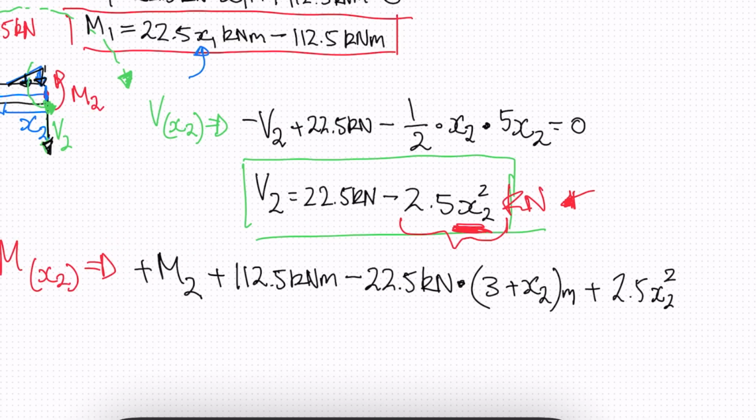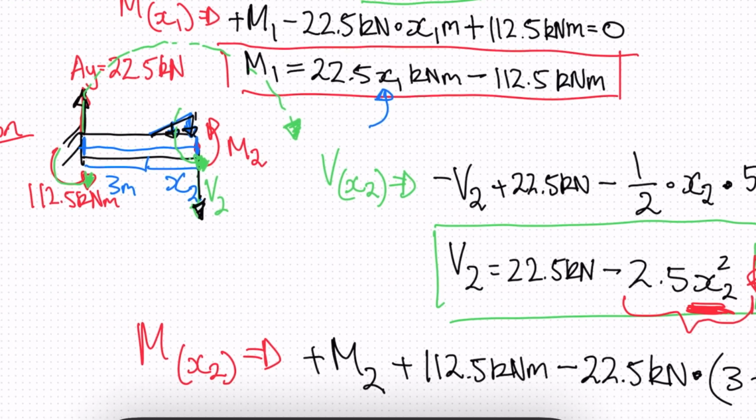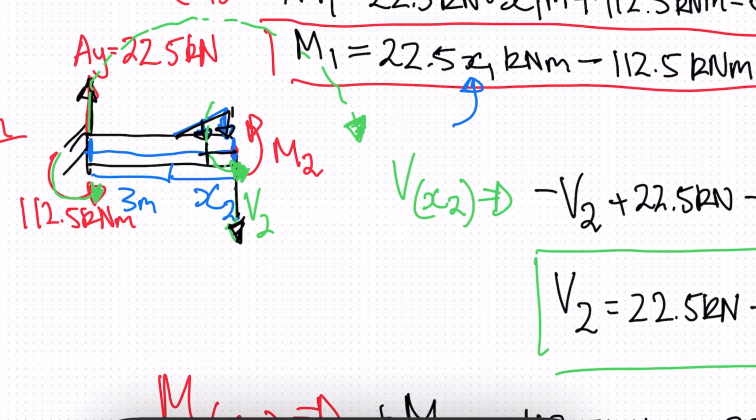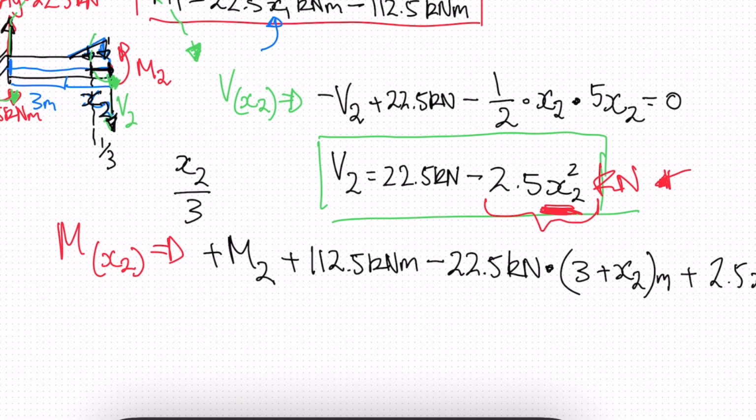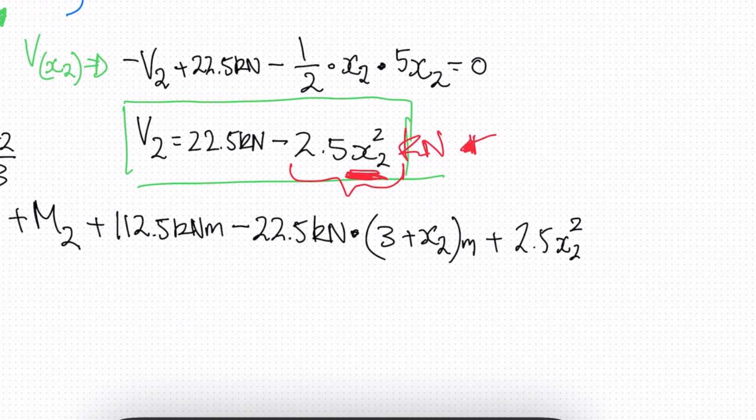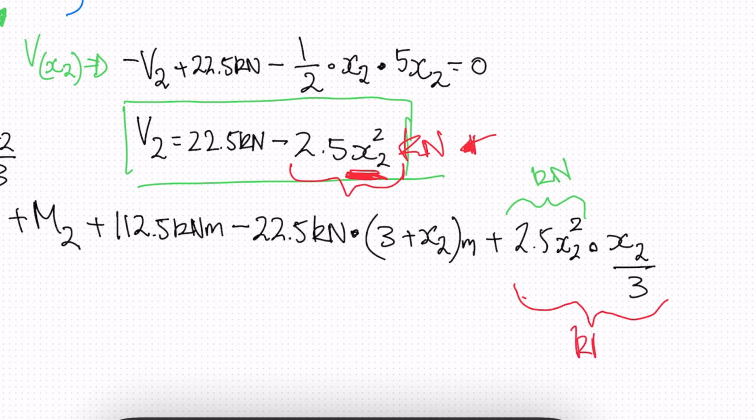And the distance, if we go back to our beam, will be from here to this point. And this distance is a third of the triangle, and the length of our triangle is x2. So it'll be x2 over 3, and that will give us our moment. So we can go multiplied by x2 over 3. Just to clarify, this is our kilonewtons, and all of this is kilonewton meters.